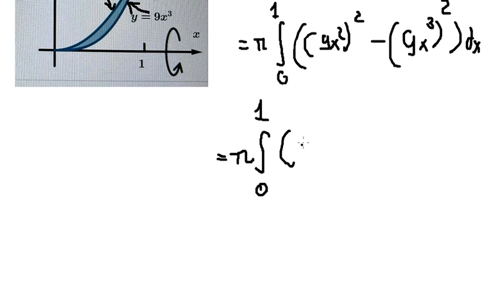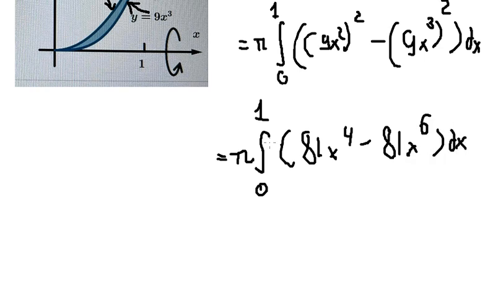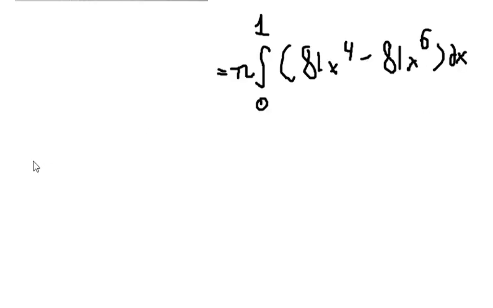This one we have 81 s to the power of 4 minus 81 s to the power of 6. So we have the formula in here.